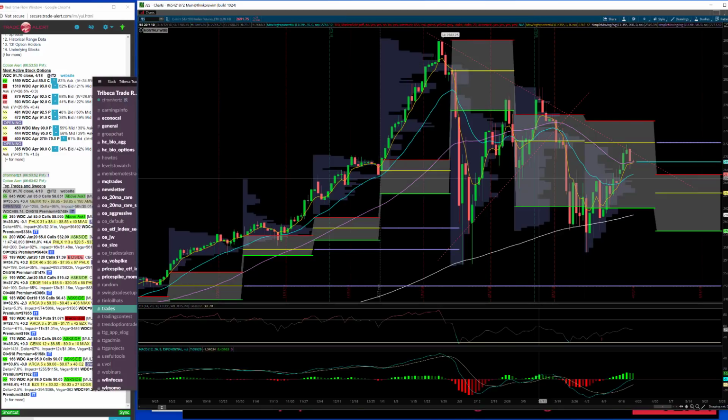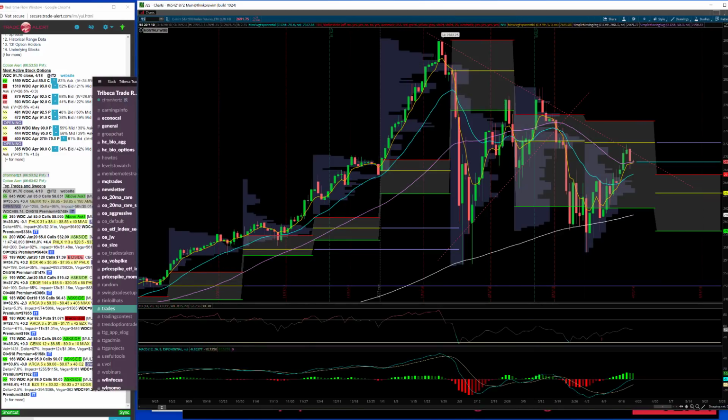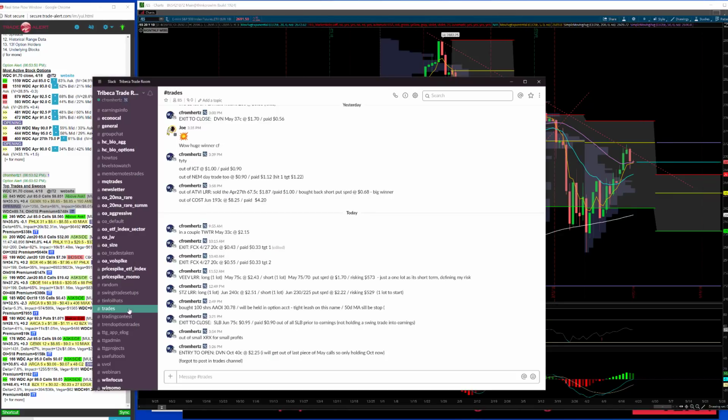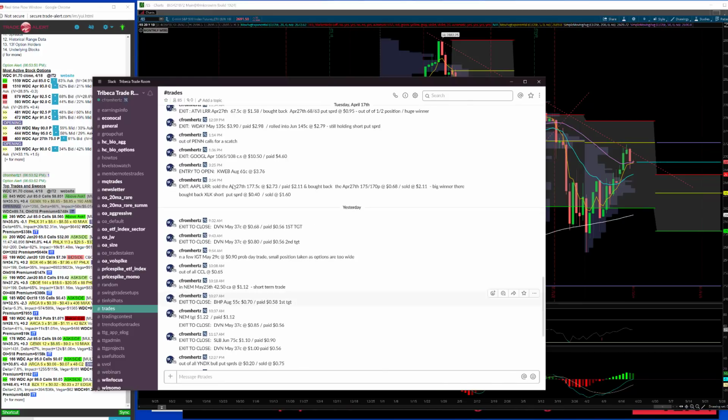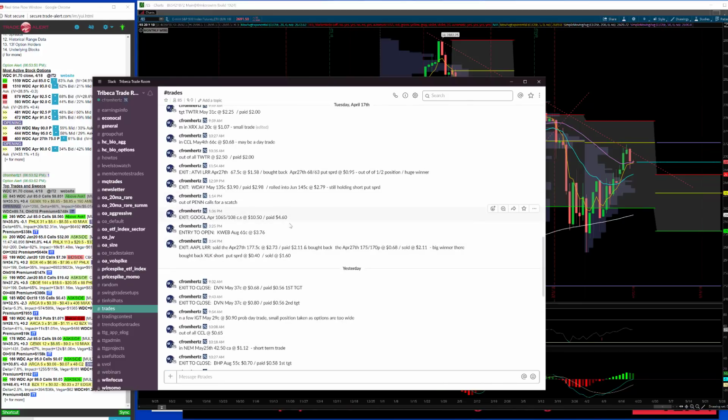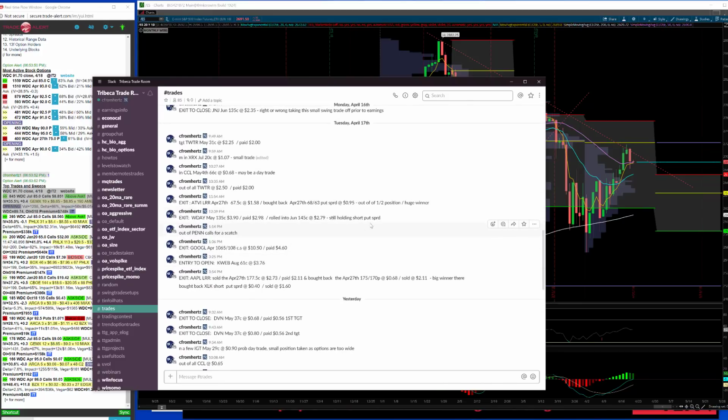So just to give you an example, if you go into the trades, these are a couple examples, and I don't have the pure dollar amount, but this one I managed, Workday. I put this one on. This was a big winner on the call side, and there was big premium to collect on the short side.